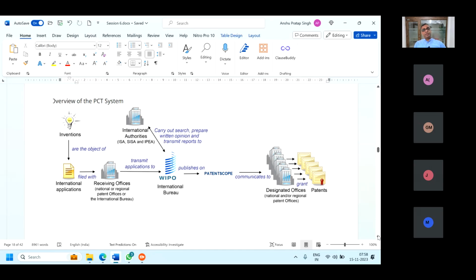It is filed with a receiving office or the international bureau. Once it is filed, it will be published, and it will also be communicated to the designated office for prosecution as per their domestic law, and a patent can be granted if it is found that it qualifies as per the domestic requirement.